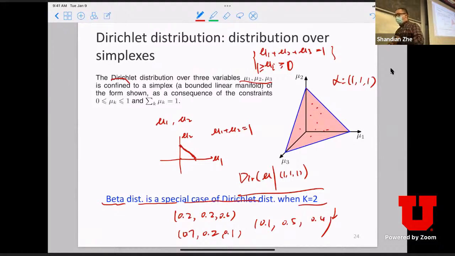For example, if you have some prior knowledge about how likely each point will show up, for example, I believe point 3 has a larger chance to appear, I can assign a Dirichlet prior distribution over my probability vector.